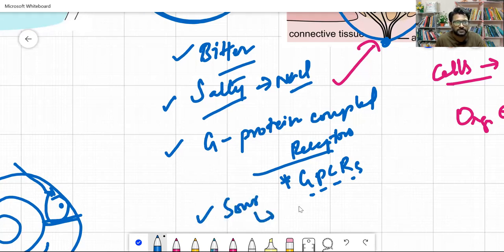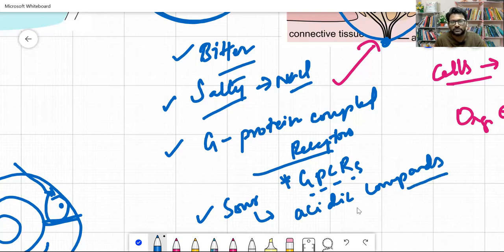Sour taste signals the presence of an acidic environment, acidic compounds in the substances that we eat or drink. Different receptor proteins work together to sense the sour taste.